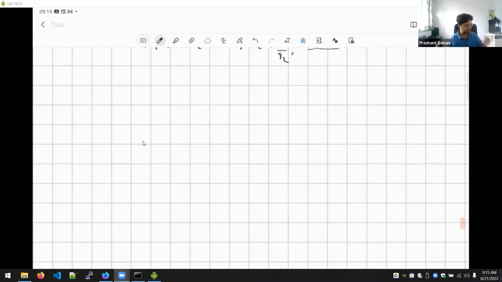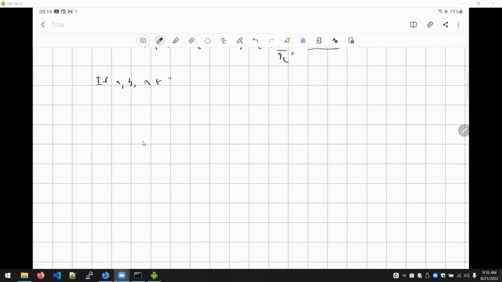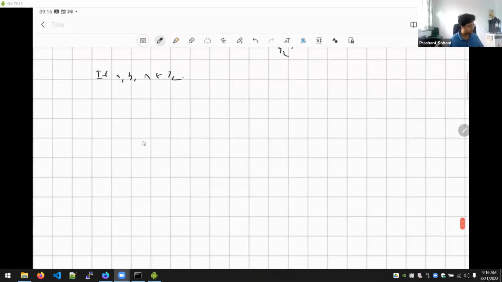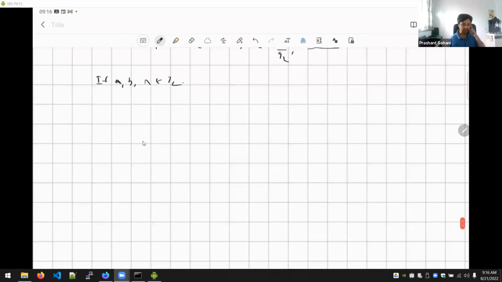And in fact, I missed adding one property to this, so I'll do that. So we know that if we have some integers A, B, and whenever we are using any number as a modulus, we can assume that it is always non-zero, because zero cannot be used as a modulus.